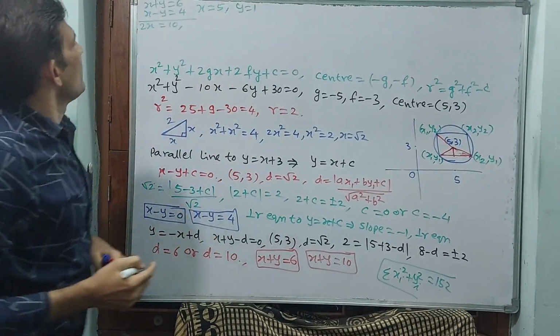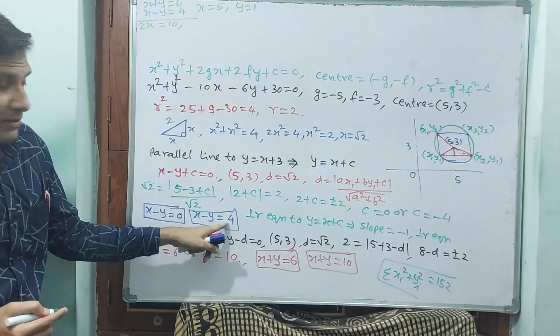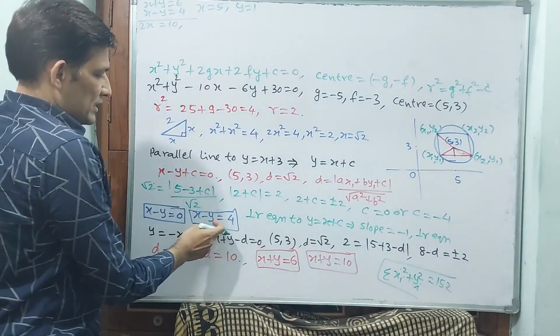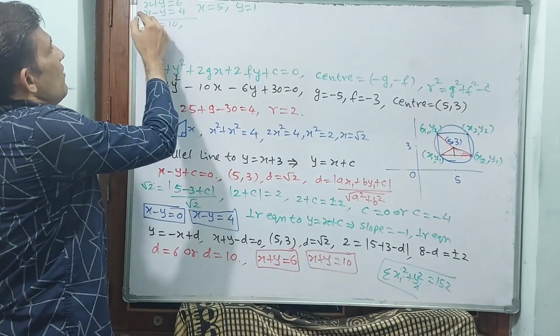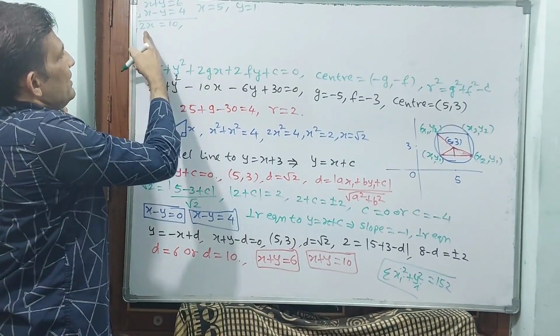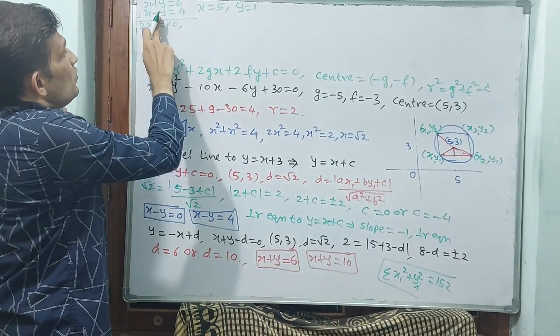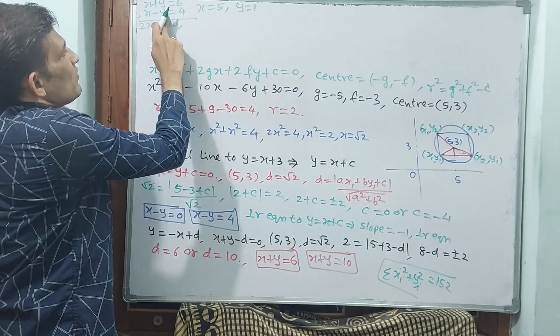Do you accept this, sir? These two equations I have solved: x minus y is equal to 4, x plus y is equal to 6. I have added, 2x is 10, x is equal to 5. When x is equal to 5, 5 minus 1 only 4. That means y is equal to 1.